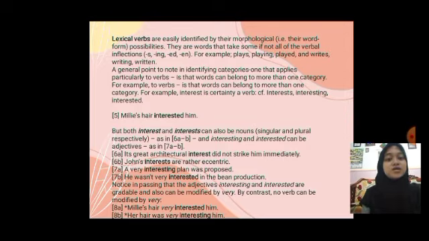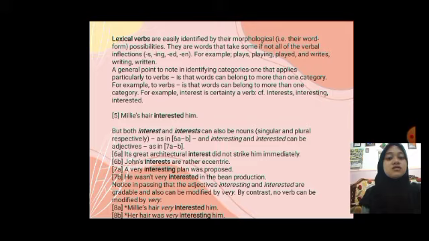Number 6b, John's interests are rather eccentric. Number 7a, A very interesting plan was proposed. Number 7b, He wasn't very interested in the bean production.